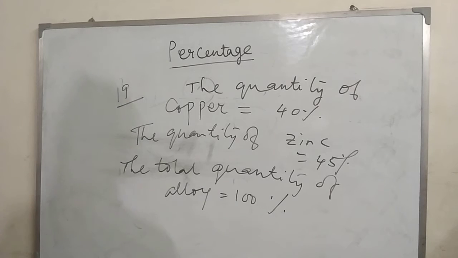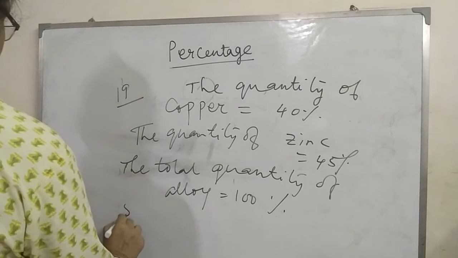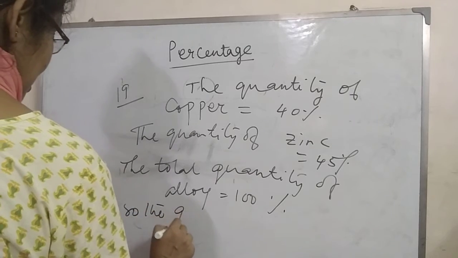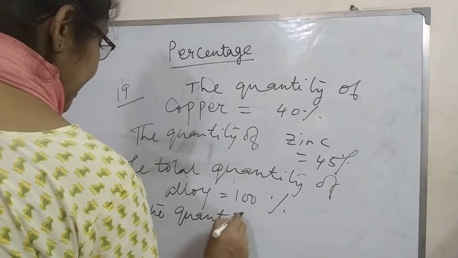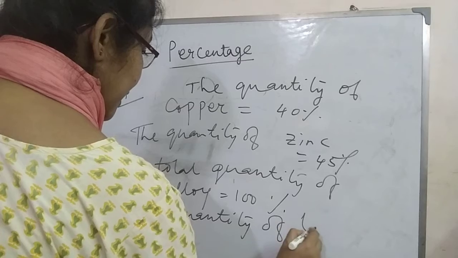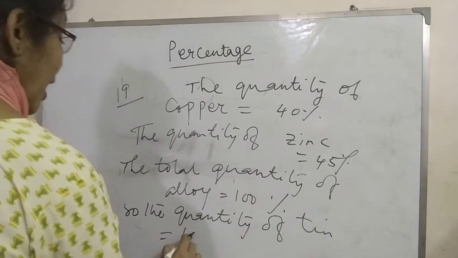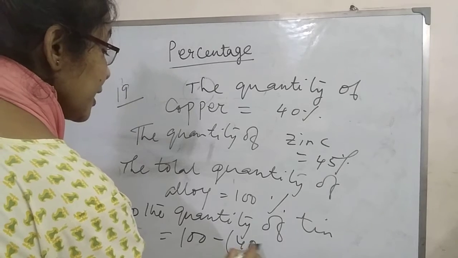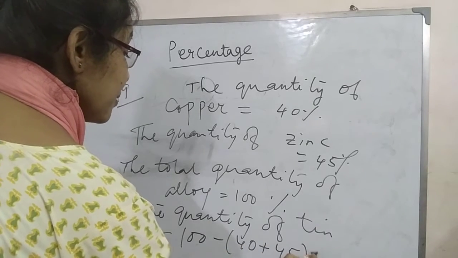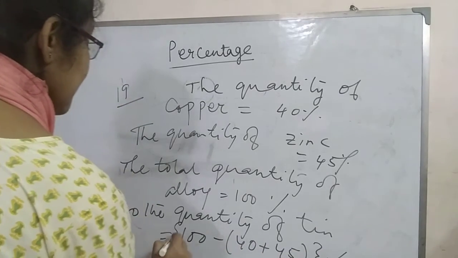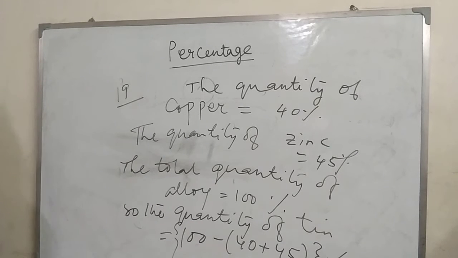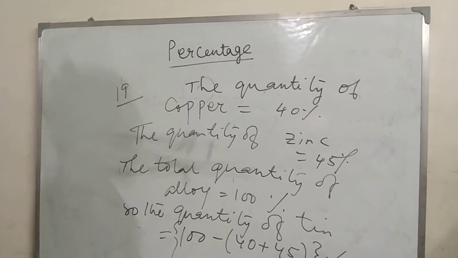So the quantity of tin equal to 100 minus (40 plus 45%).